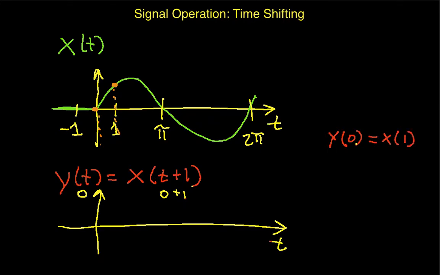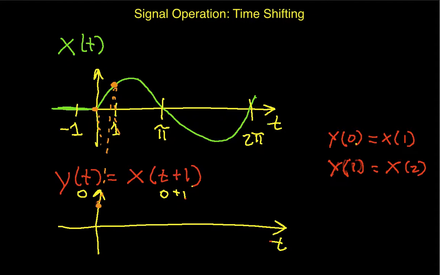In this case, y of 0 is x of 1. So now I get this guy coming down this way. Similarly, you can show y of 1 is x of 2, and so on.